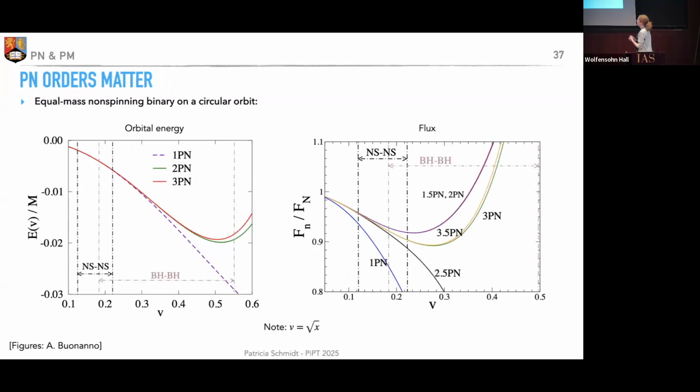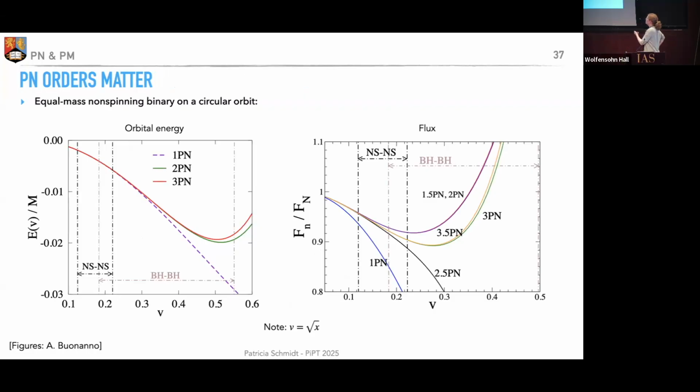Why does the order matter? Why not stop at 1PN, right? The accuracy really makes a big difference in the waveforms. And here you can see some figures that I stole from Alessandro Bonanno's presentation or papers, where you can see the orbital energy at different post-Newtonian orders as a function of v. So this was the post-Newtonian parameter we also heard about this morning.